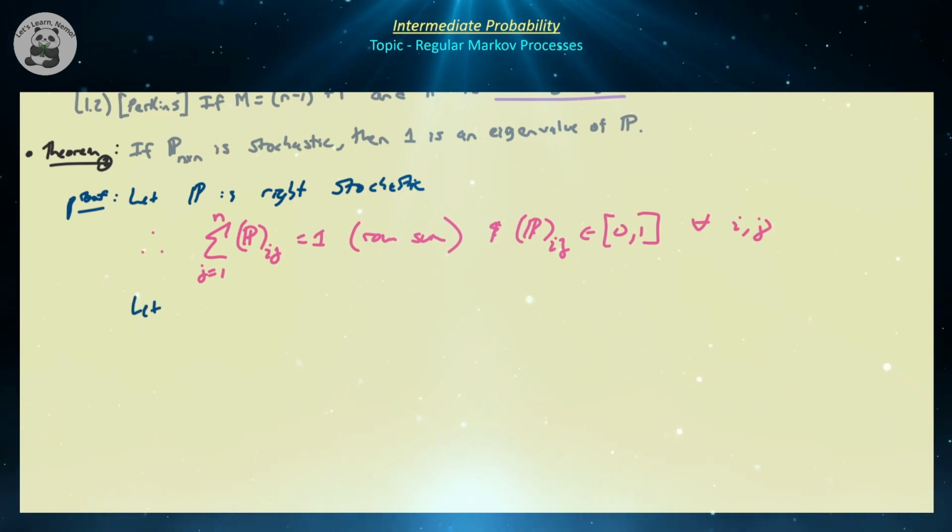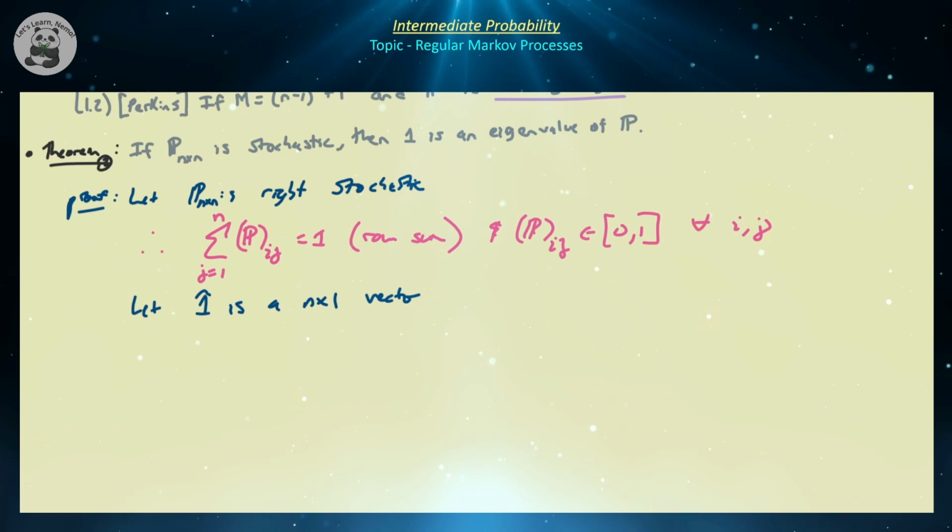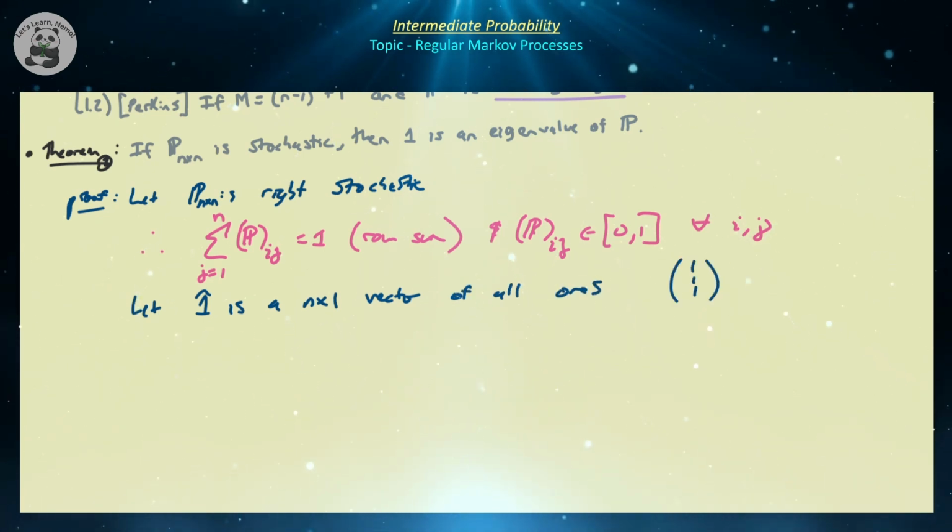Also, let's assume that P is n by n, and that 1-hat is an n by 1 vector of all ones. So for example, 1, 1, 1 would be your 3 by 1 ones vector. What we're going to do is take our stochastic matrix P and multiply it by this vector of ones. When we do that, we have P times 1-hat, and you should be able to see that that's actually equal to 1 times the 1-hat vector.